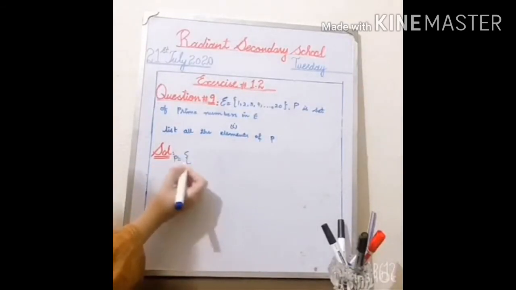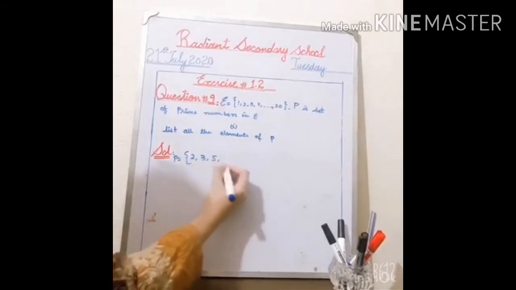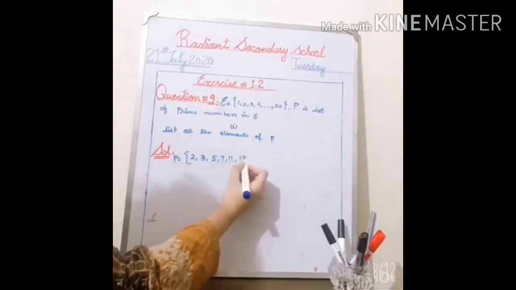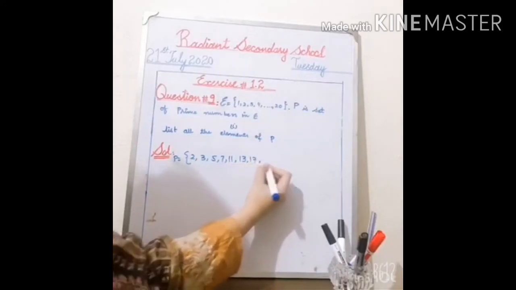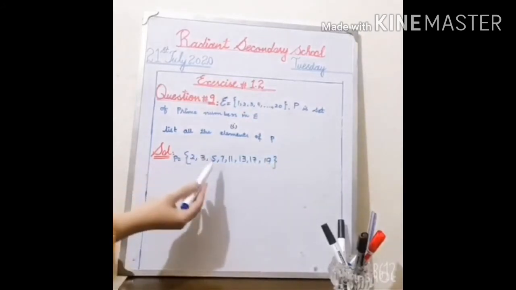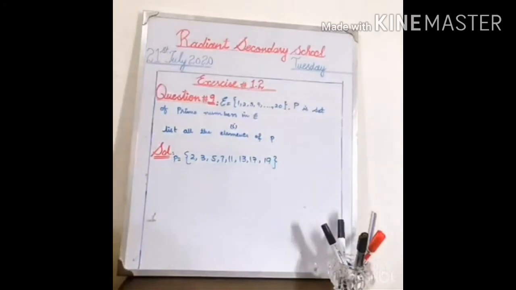P is equal to {2, 3, 5, 7, 11, 13, 17, 19}.